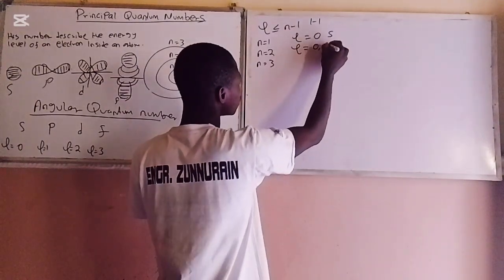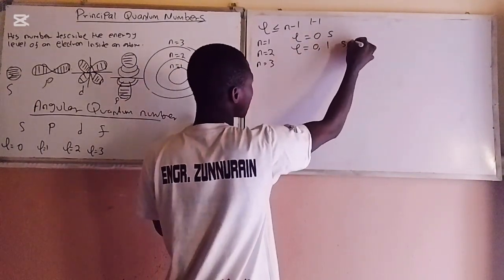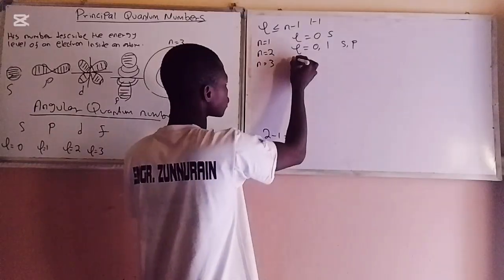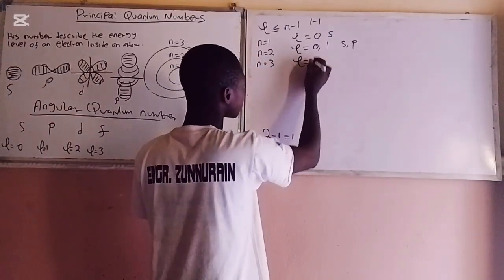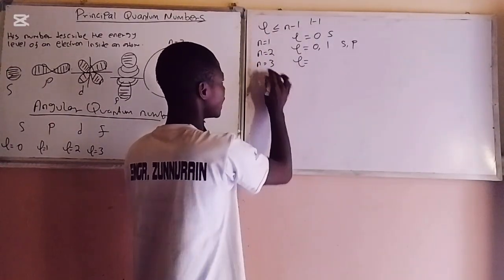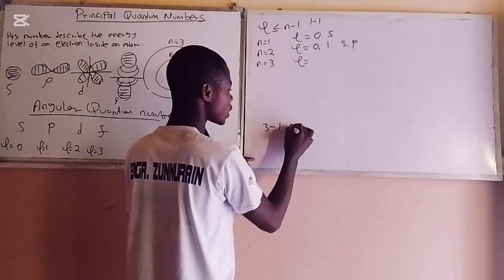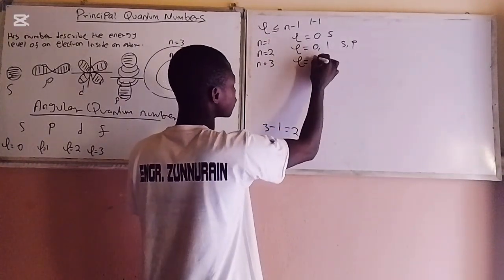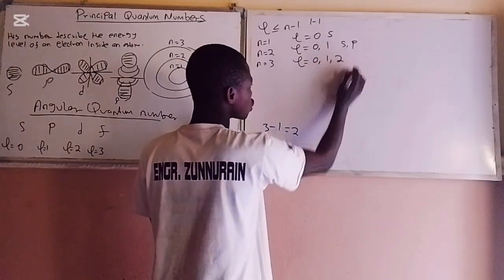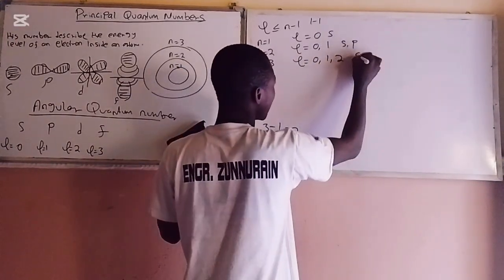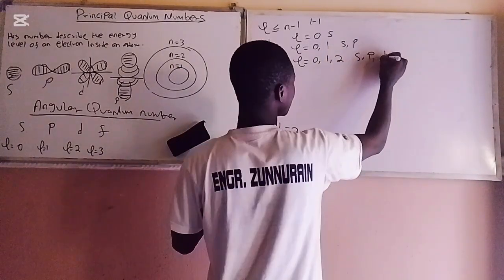So I'll have 0 and 1, which means the s shell and the p shell. When n is equal to 3, that is 3 minus 1, which is equal to 2. So I have to start from 0, 1, and 2, therefore this is the s shell, the p shell and the d shell.